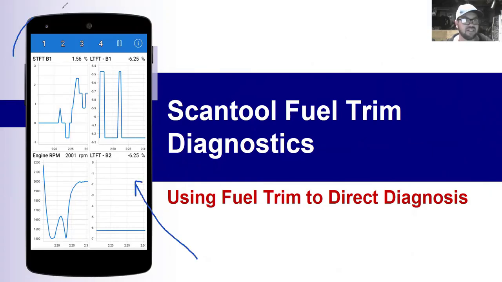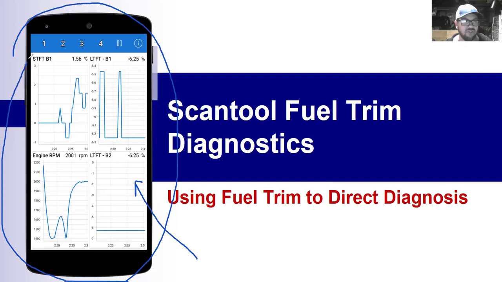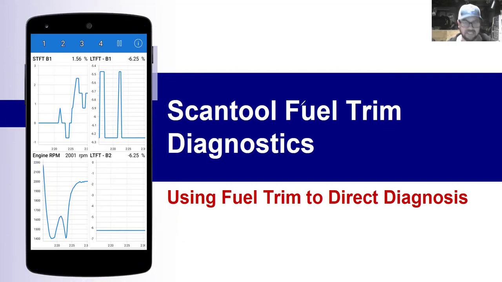You'll notice that on this scan tool here, we've selected data graph mode. And so we're looking at short-term fuel trim, long-term fuel trim, and our engine RPM. And we can definitely see some trends here going on. And hopefully by the end of the night, this screen here with these data graphs will make sense to you. Okay, so with that, let's jump in here.